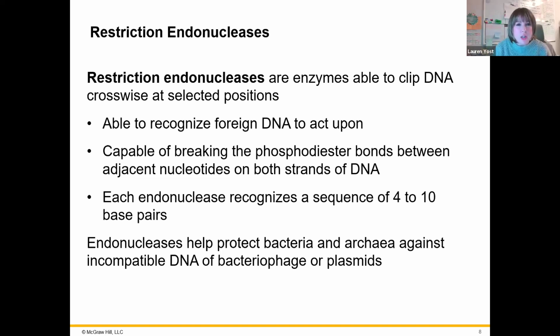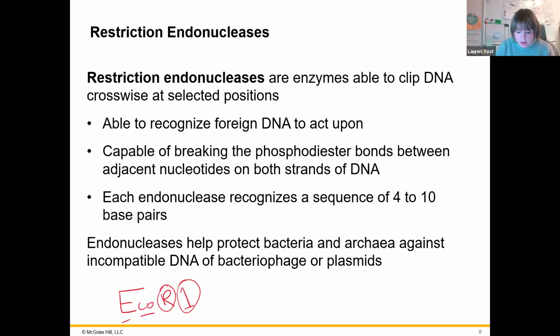So what is a restriction endonuclease? They are enzymes that clip DNA at specific sequences. For example, EcoR1, from E. coli, is restriction endonuclease number 1.